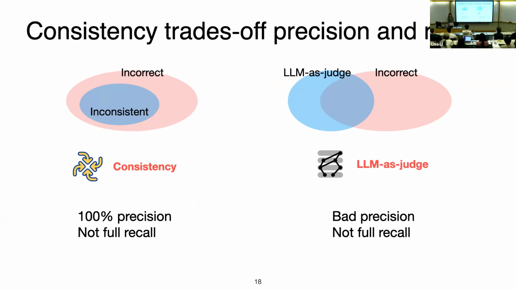For language model as judge, it achieves neither perfect precision nor perfect recall. Whereas for consistency, precision is kind of guaranteed, but we're sacrificing recall. So overall, consistency has a more controlled failure pattern because we know that it's going to miss recall. Whereas for language model as judge, it can fail arbitrarily.